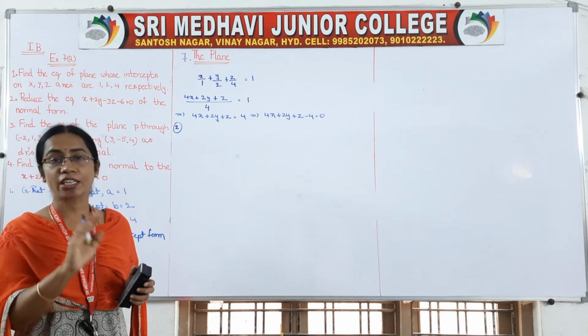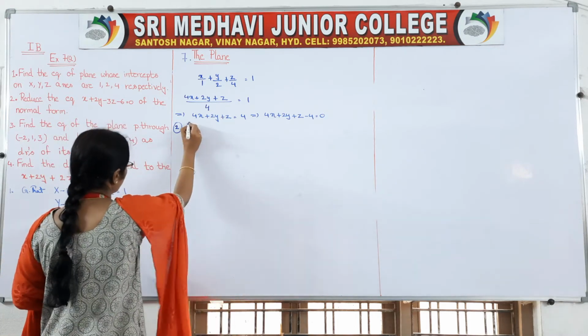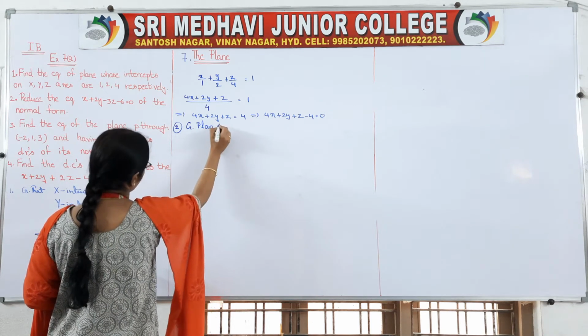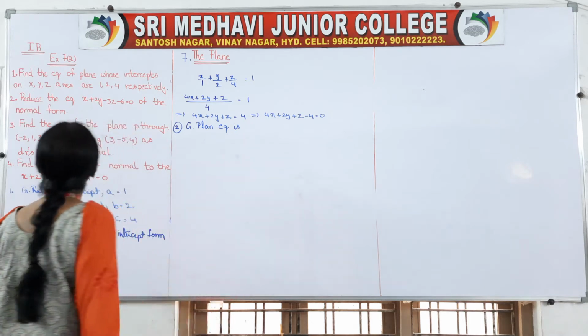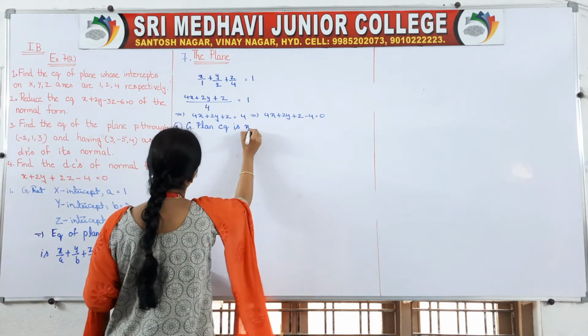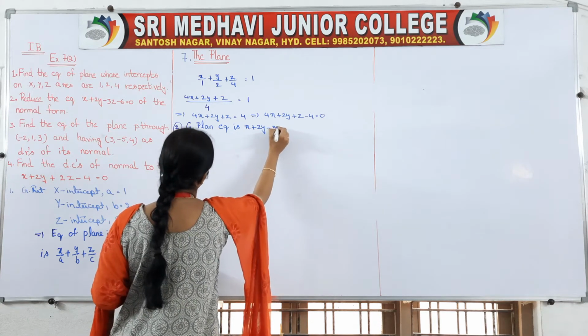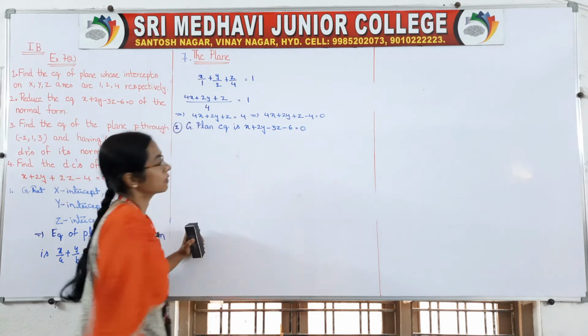If you do it, you will get your normal form. Okay. So come on, what is the given plane equation? It is x plus 2y minus 3z minus 6 is equal to 0.